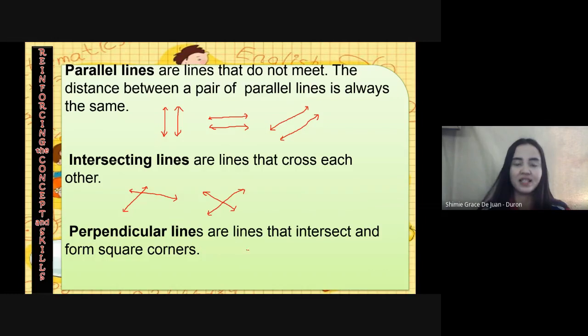And we have the last one, perpendicular lines. These are the lines that intersect and form square corners. If we say square corners, there is a 90 degrees angle that is formed when the two lines meet, like this.